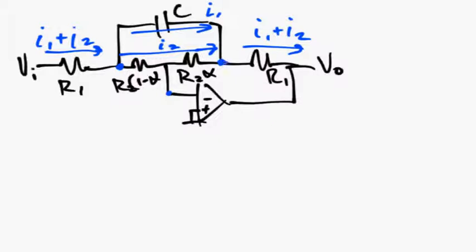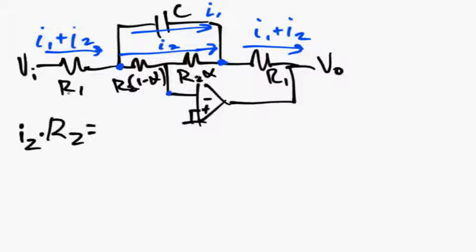So this representation allows us to do our first calculation, which is the voltage across here is the same whether we go through either path, so we can write that as I2 times R2, because R2 times 1 minus alpha plus R2 times alpha is just R2.